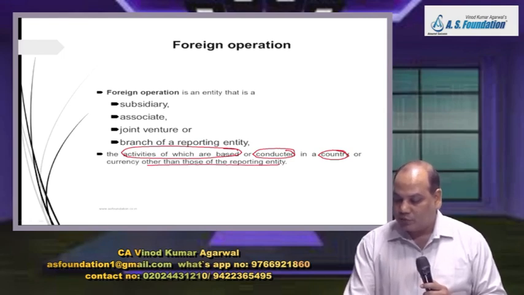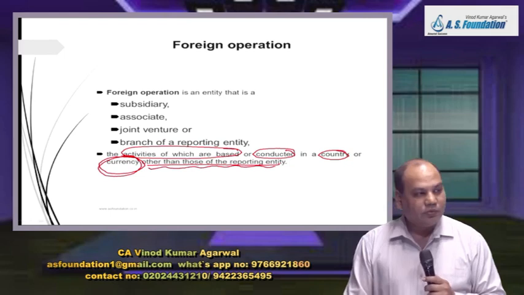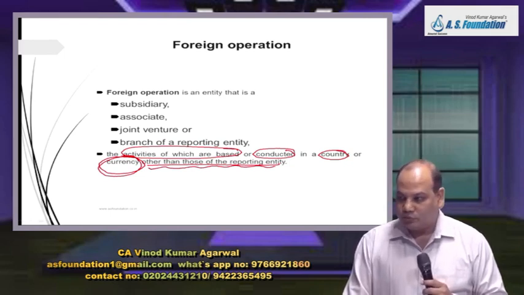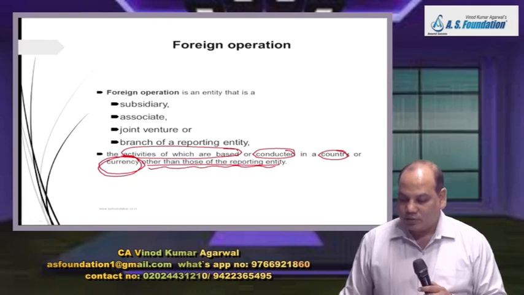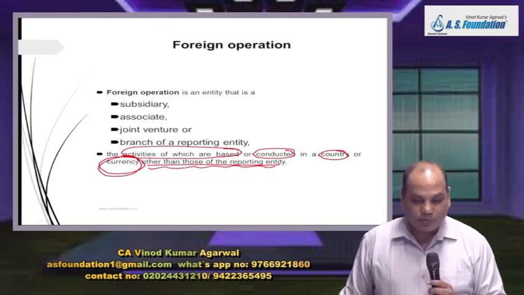Or the activities are based or conducted in a currency other than that of the reporting enterprise. So it's either activity or currency or both in a different country from those of the reporting enterprise.